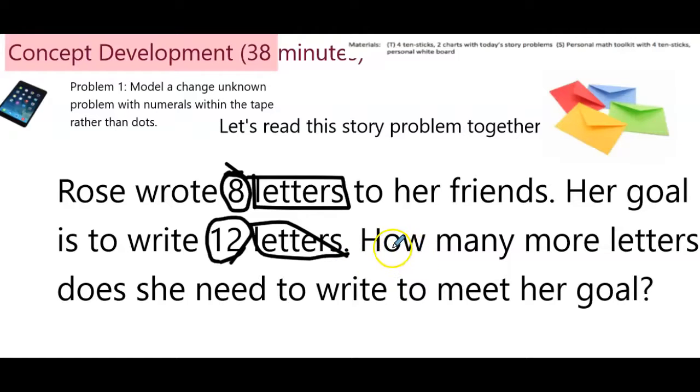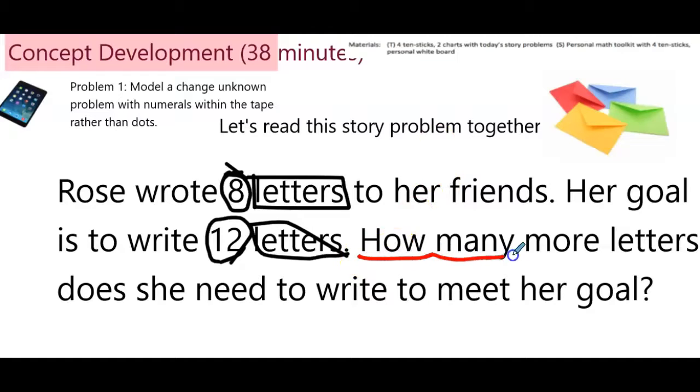Okay, let's keep reading. How many more letters does she need to write to meet her goal? So this is our question. So we are going to underline that.